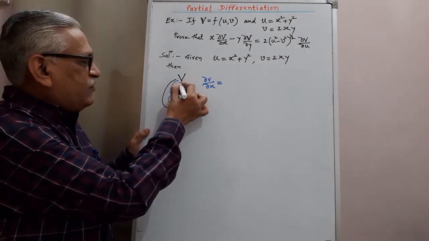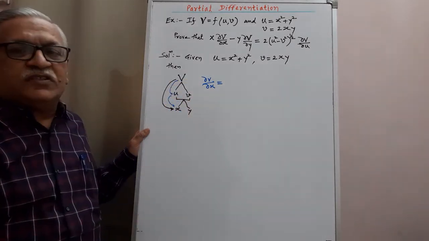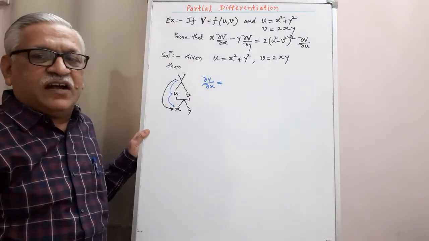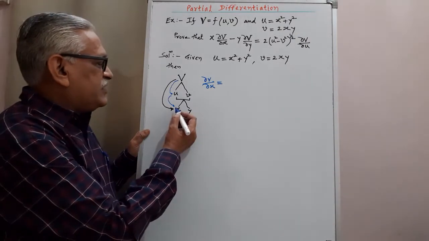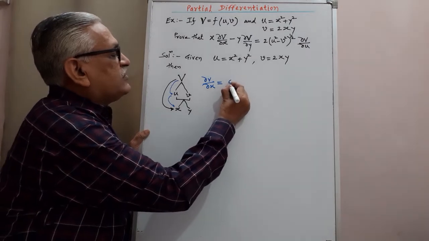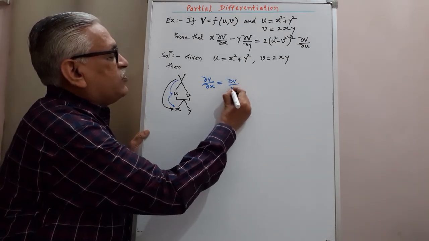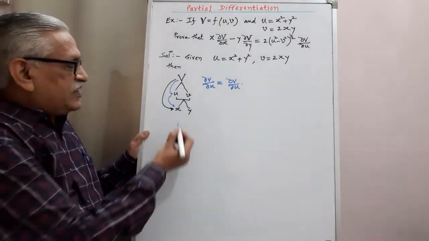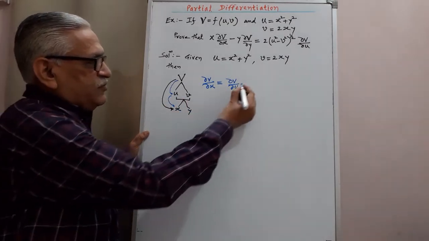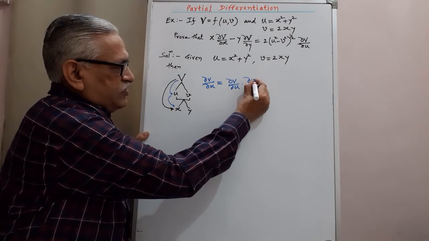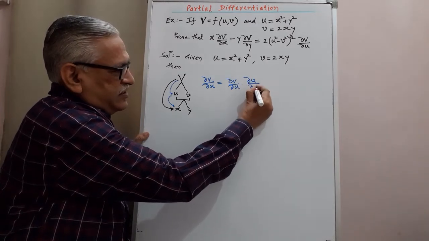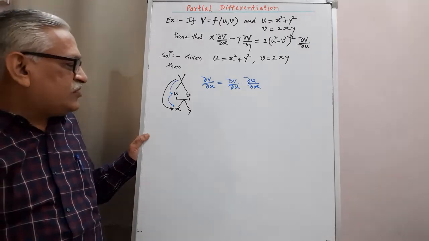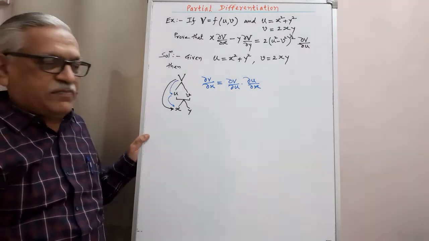When we differentiate with respect to u, as it is a function of two independent variables u and v, the derivative must be a partial derivative, and therefore it is dou V by dou u. Chain rule: u is a function of x, therefore differentiating u with respect to x, and again that derivative is also a partial derivative, as it is a function of two independent variables.